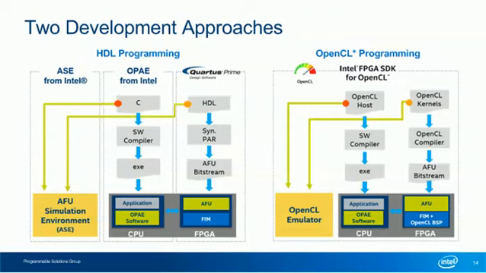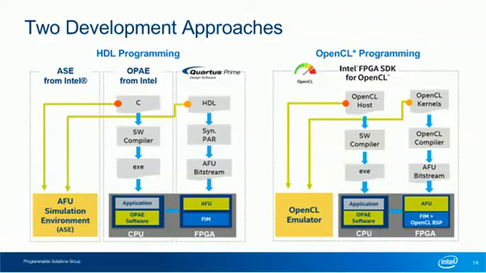To facilitate functional verification, Intel provides the AFU Simulation Environment, or ASE, which lets you functionally simulate the accelerator function RTL with the same application code you will run on the actual FPGA hardware without the FPGA being present. This flow allows the utmost customization and utilization of the FPGA.